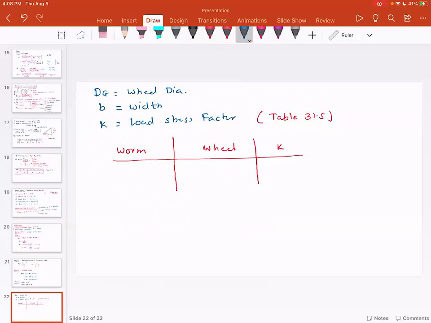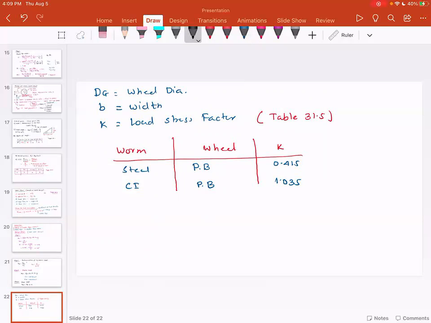So just to give an idea, if you have a steel worm and you have a Prosper bronze wheel, then the load stress factor is 0.415. If you have cast iron worm and Prosper bronze wheel, then it is 1.035. So this is something that we should keep in mind.